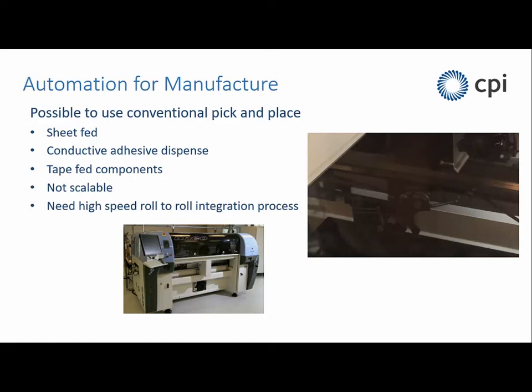However, this is not really scalable. It's not a high volume manufacturing process. And for that, we really need high-speed roll-to-roll integration, which is what is shown on the next slide. So this next slide shows a roll-to-roll integration process. And you'll see that it looks quite similar to the PCB assembly with one subtle difference.